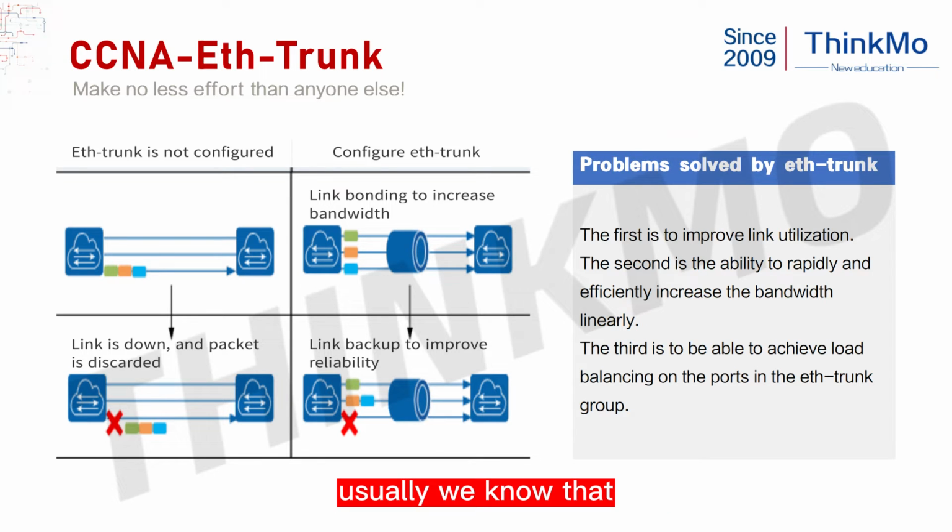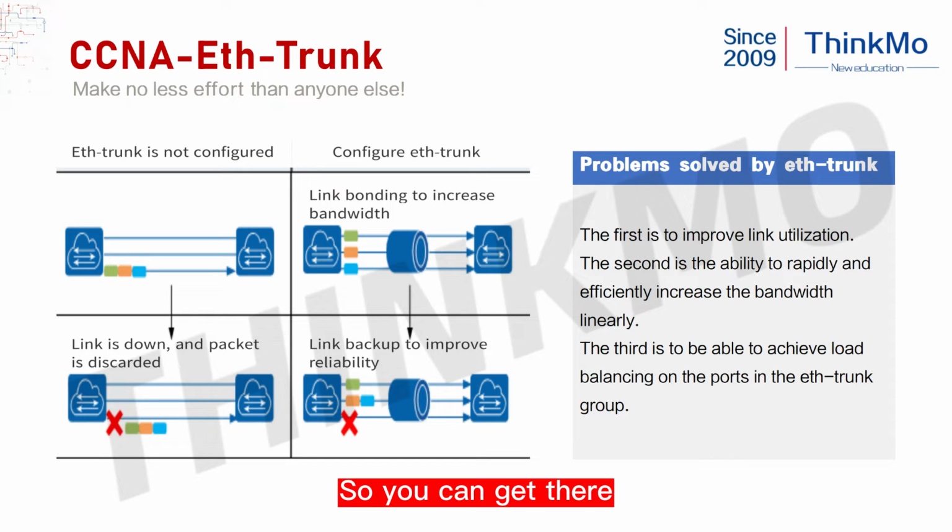Usually we know that if you put gigabit on a port, and tie up multiple ports together, let's say I have three ports between two switches, and the three ports on the opposite end are tied together, so it has formed a logical link with three ports in it. This is equivalent to three 1G ports tied together into 3G.